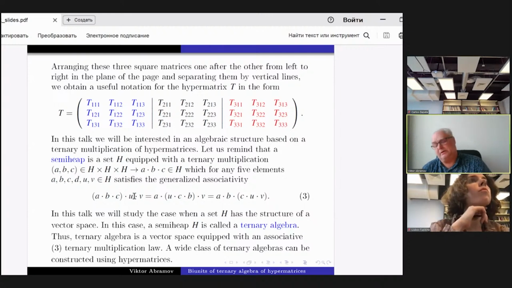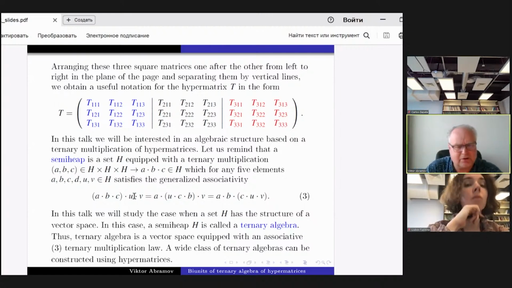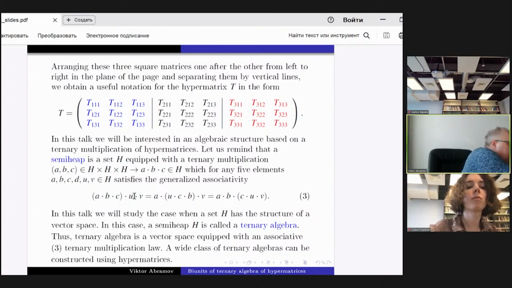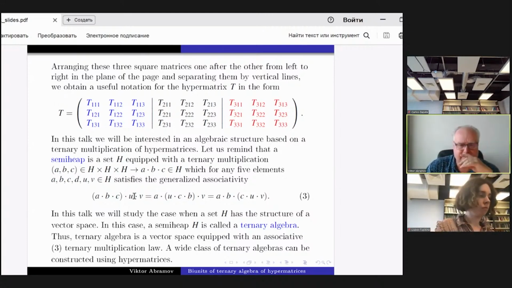I used to call it a second order associativity, but in the paper written by Carlos and his collaborators, Heaps of Fish, they called this generalized associativity. So I decided to call it in this talk also generalized associativity.